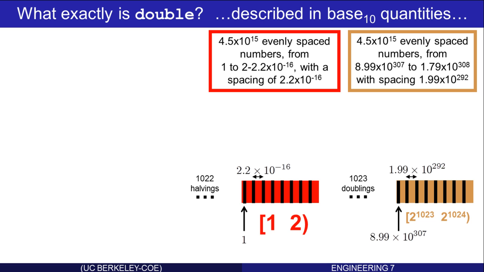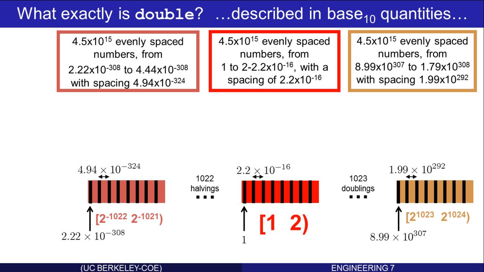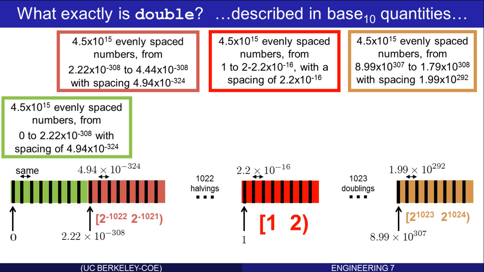There's also halvings of this interval, resulting in 4.5 times 10 to the 15th evenly spaced numbers from this very small number, 2.2 times 10 to the negative 308. The spacing down there is about 5 times 10 to the negative 324th. Finally, there's another 4.5 quadrillion numbers evenly spaced from 0 to 2.22 times 10 to the negative 308th.